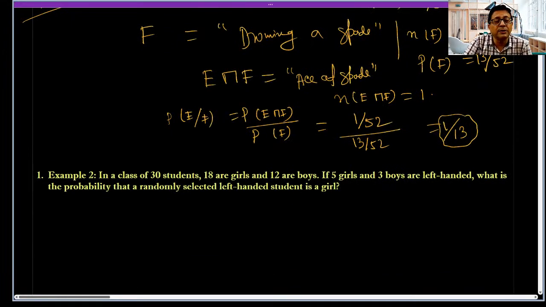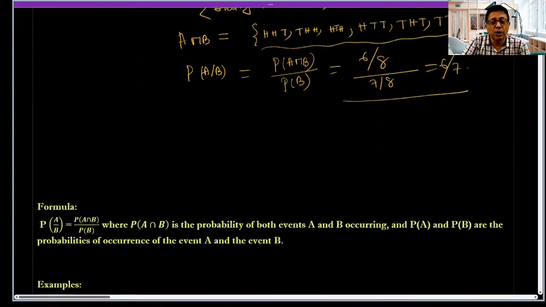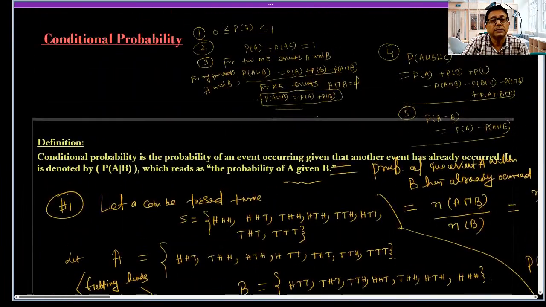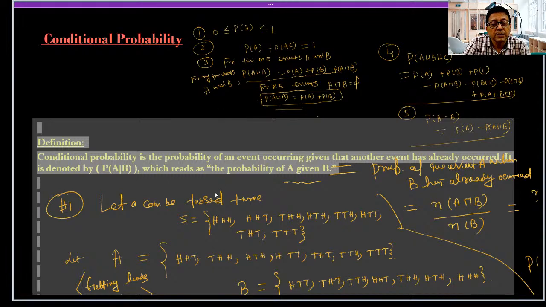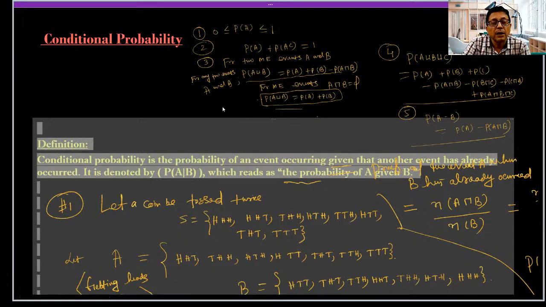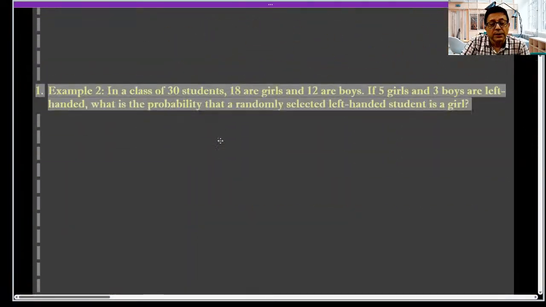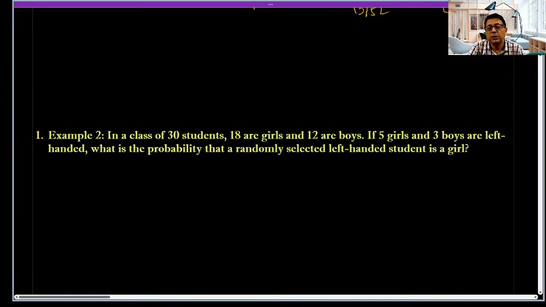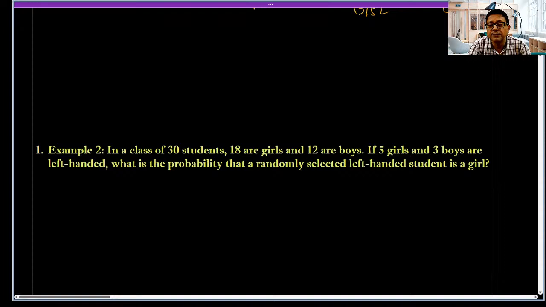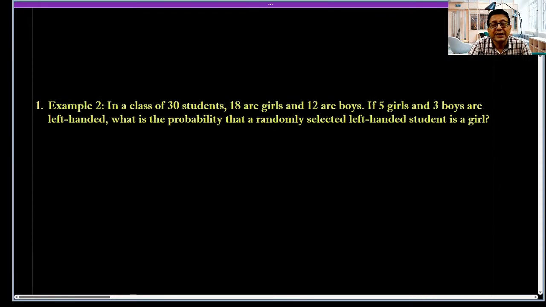Go for next example. In a class of 30 students, 18 are girls and 12 are boys.